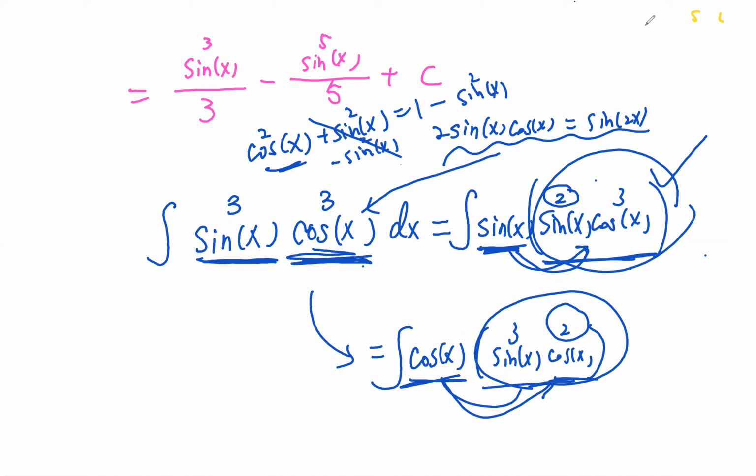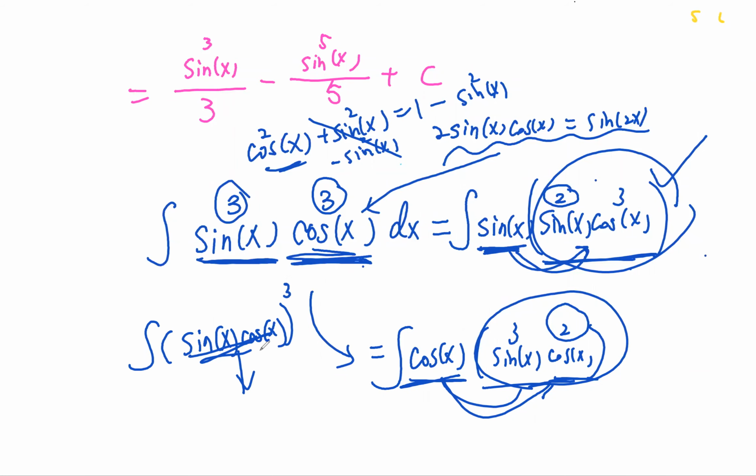So your idea is basically, since we have the same exponents, we just rewrite this to be sine cosine x to the third. Then we can convert this to be sine 2x, so that's going to be sine 2x to the third.